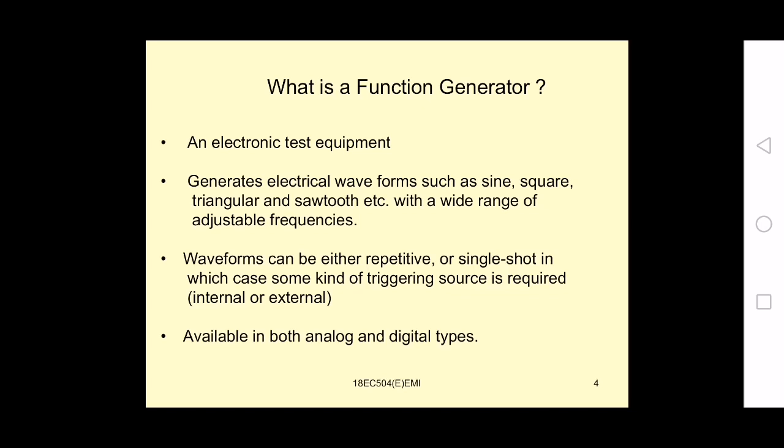Otherwise, the function of the signal generator is to generate repetitive waveforms of different types: sine wave, square wave, triangular and sawtooth waveform. These function generators can be available in both analog and digital types.